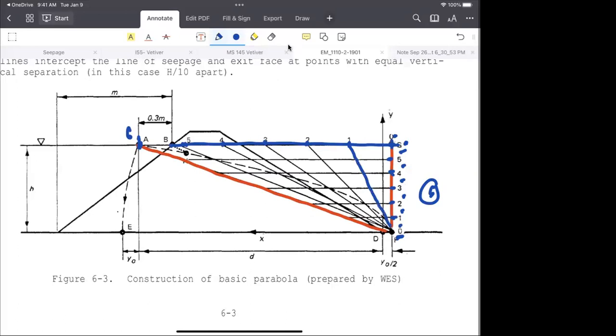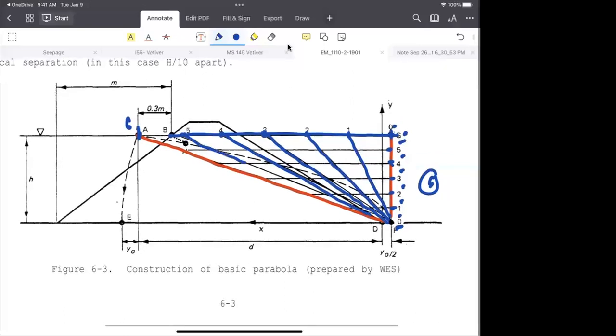So 1, 2, we draw this line, right? 4, 5, and 6 is already drawn, right? And then we draw horizontal lines from each of the distances. 2, 3, 4, 5, 6 is already drawn, right?